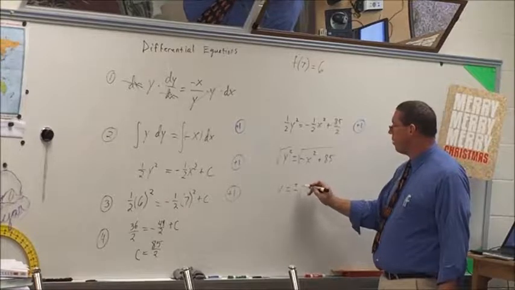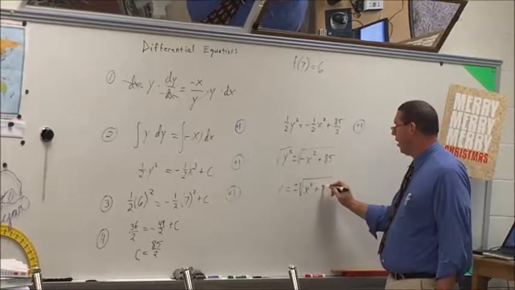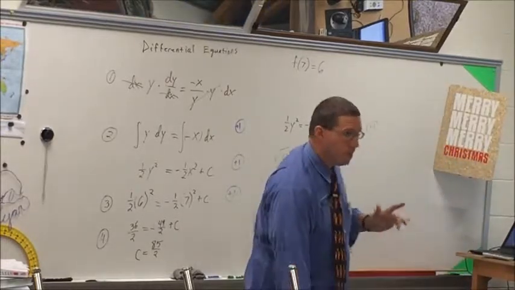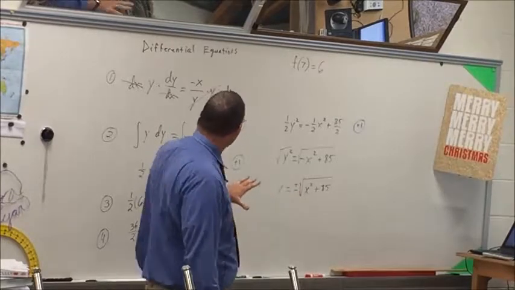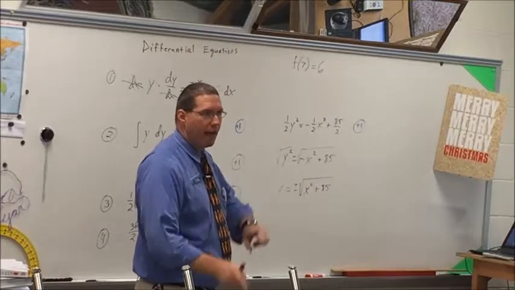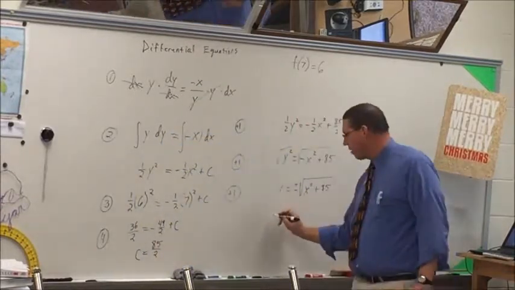So y is equal to plus or minus the square root of x squared plus 85. All right. Now, the last step here, in order to get your full credit: doesn't the question say y equals f of x? So we have to turn our y into f of x.